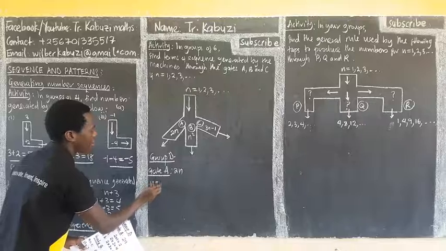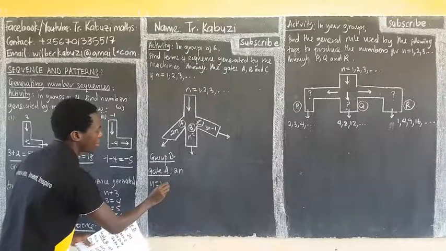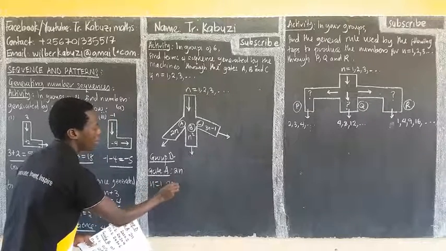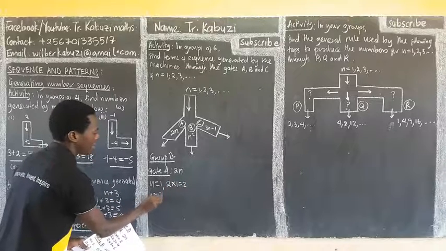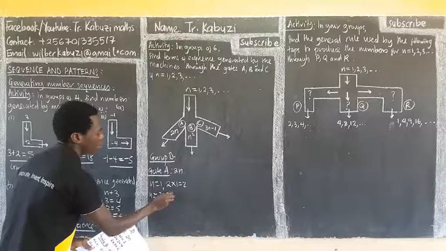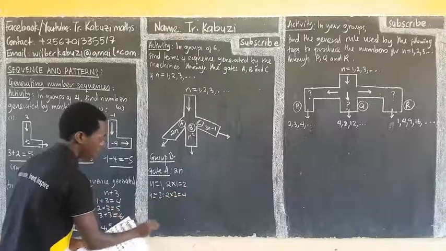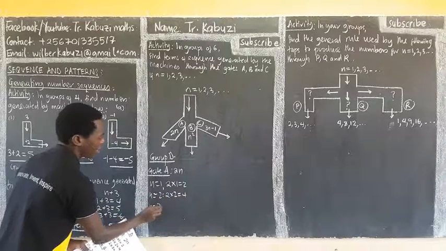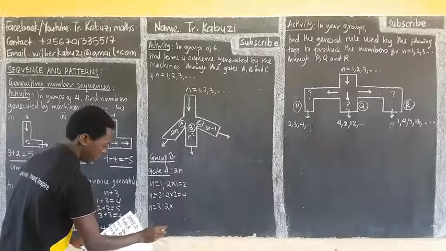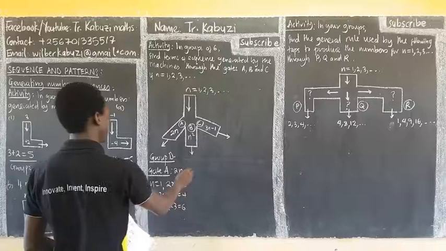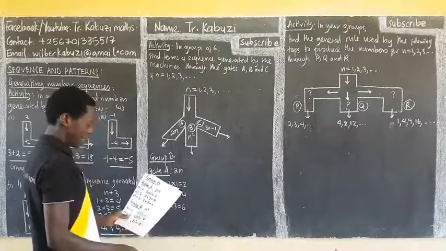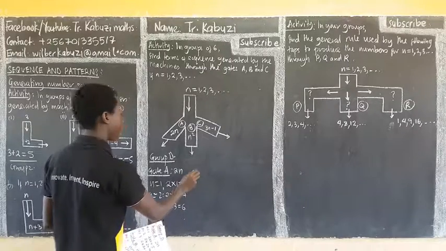When n is 1, they got 2 times 1, which gave them a 2. When n is 2, they got 2 times 2, which gave them a 4. When n is 3, they got 2 times 3, which gave them a 6. So this was that.